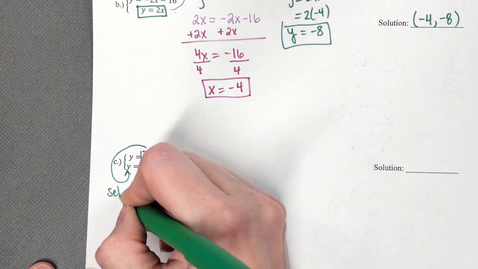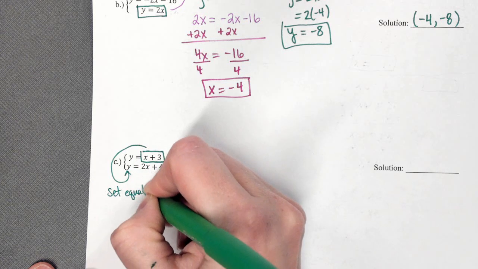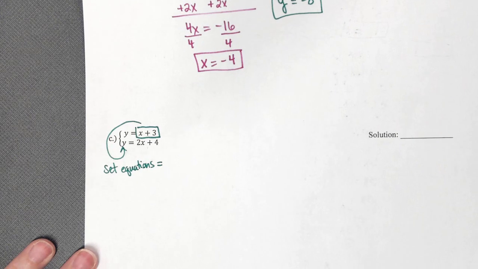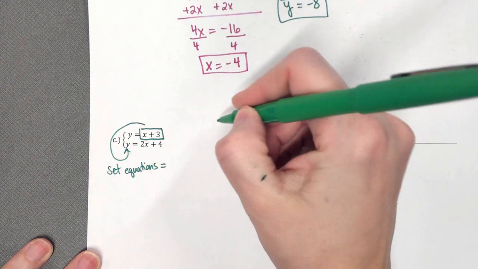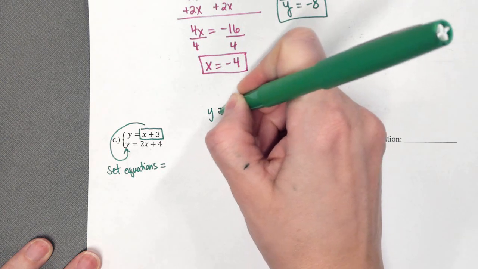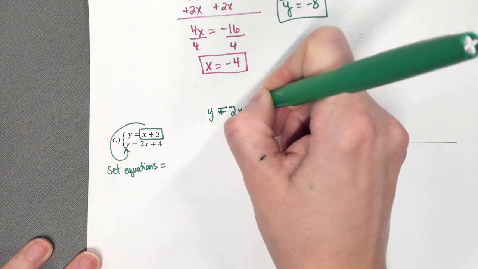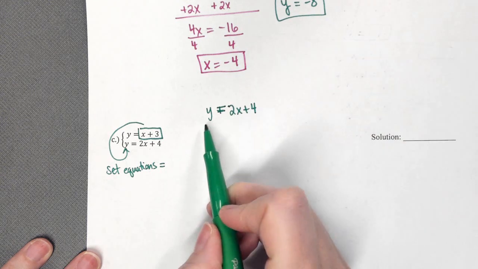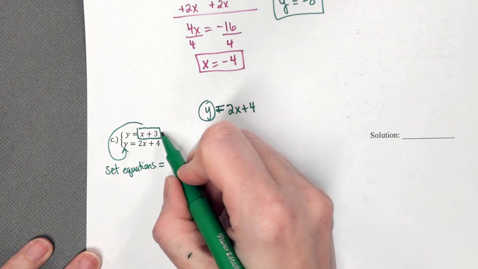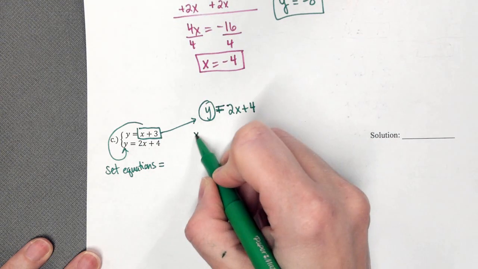So we're going to set equations equal. And really, you can start with whichever one you want. So I think of it as y equals 2x plus 4. And then instead of y, I'm going to rewrite that as x plus 3.